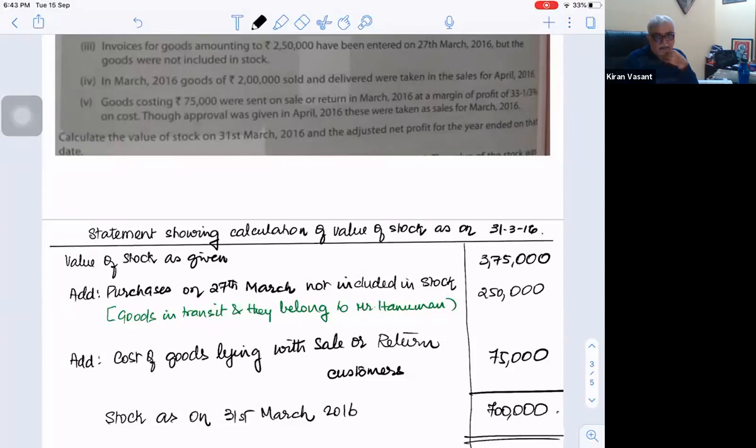What's the doubt? In statement answers, the adjustment that adds to the value of the stock need not be done first. You can do one add, then less, then add, then less also. No problem at all. Now, adjusted net profit. Correct.